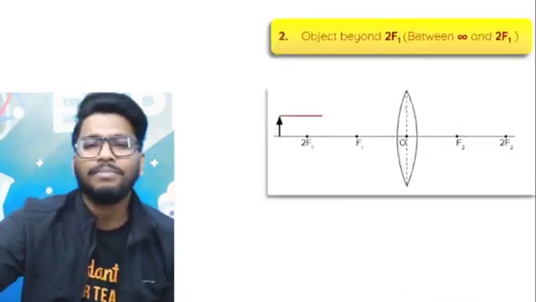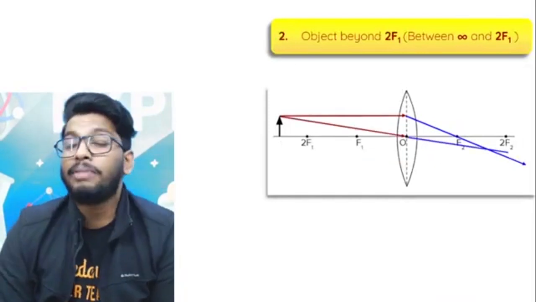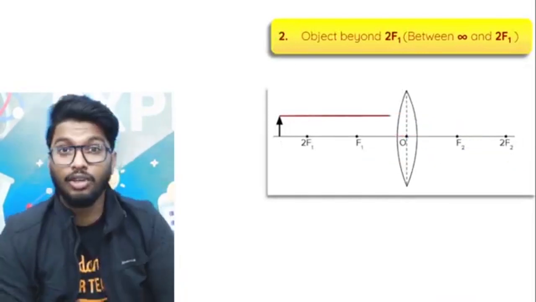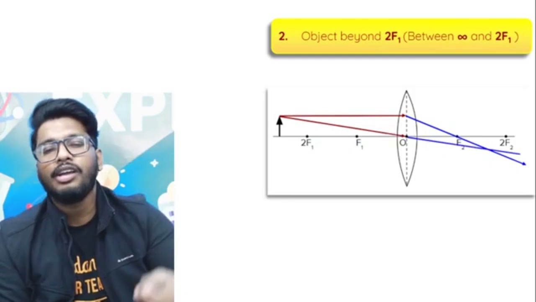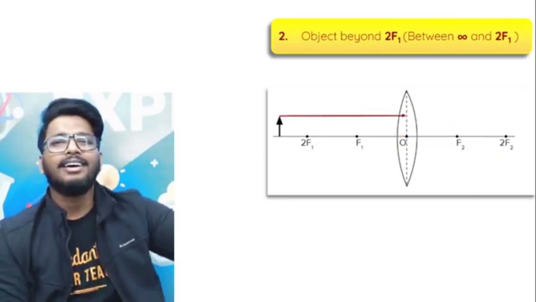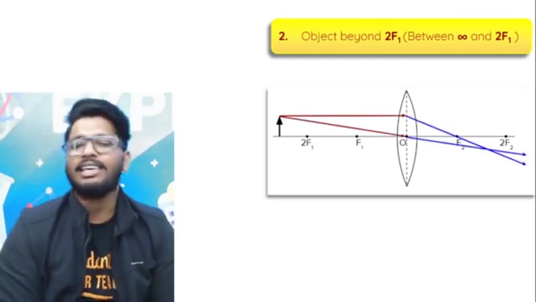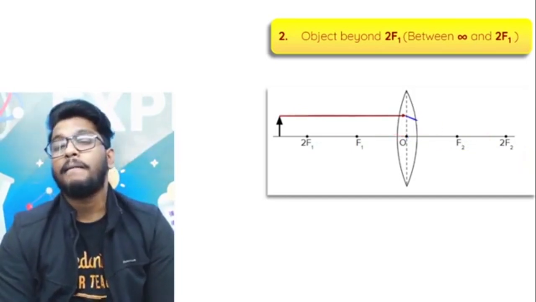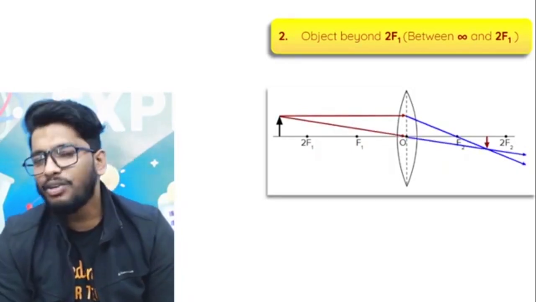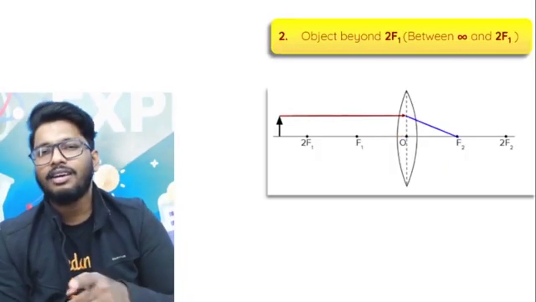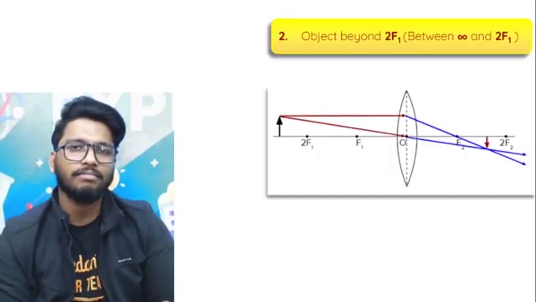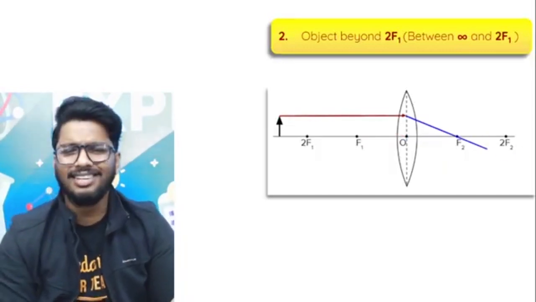This is your first ray diagram. If the object is placed between 2F1, that is your center of curvature, and infinity, in that case, the image is going to be formed between F2 and 2F2, that is between the focus and the center of curvature. Why? Let's answer that.